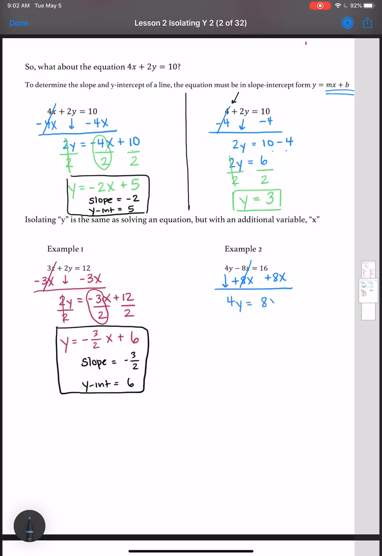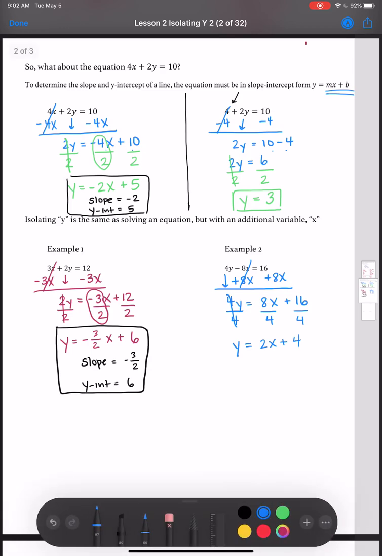The x term is first, followed by the constant term. And we divide by 4. Four divided by 4 is 1. And y is equal to 8 divided by 4 is 2. And 16 divided by 4 is 4.